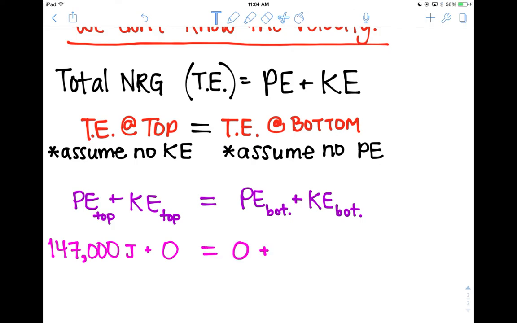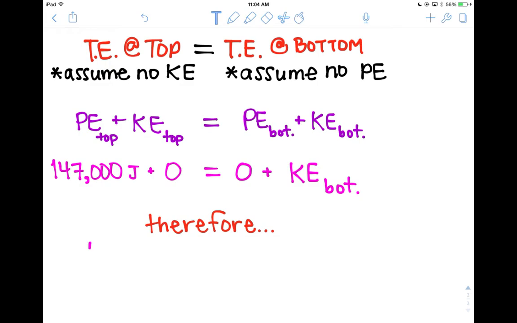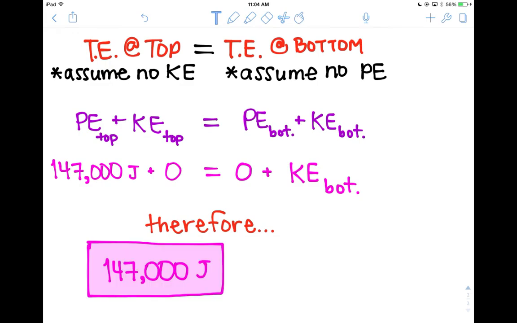The potential at the bottom is 0, and we don't know what the kinetic energy is at the bottom. We're trying to figure that out right now. So when we add everything up, we just have 147,000 joules equals the kinetic energy at the bottom. We don't even have to calculate anything for this one. The potential at the top is equal to the kinetic at the bottom. It's all transformed into kinetic energy.